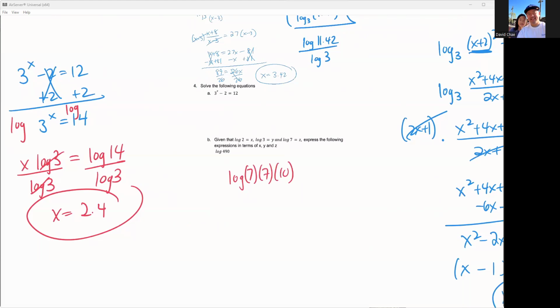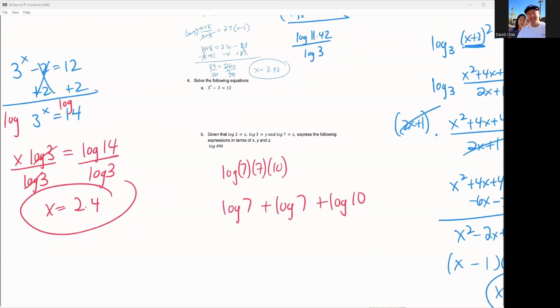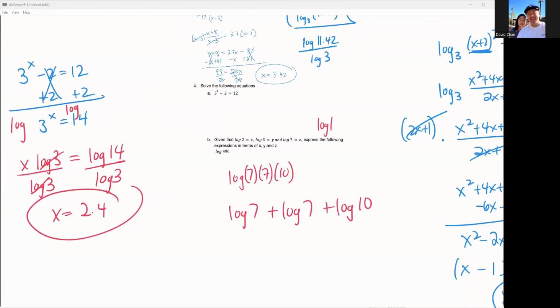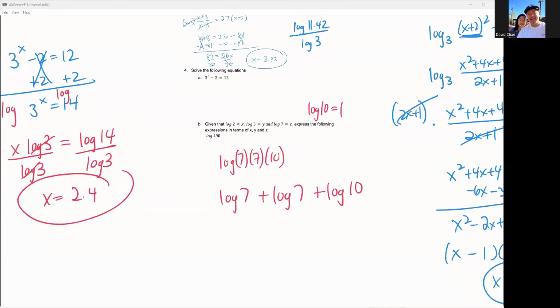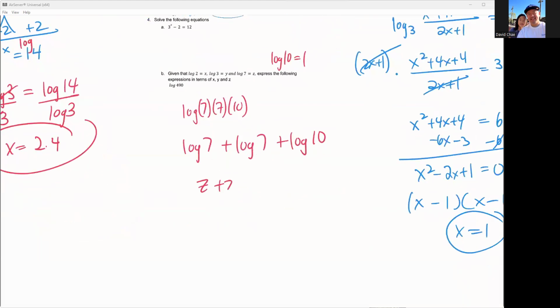Because 7 times 7 times 10 is 490. This ends up being log 7 plus log 7 plus log 10. How'd you get log 10? Remember we talked about log 10 equaling 1. So this ends up being z plus z plus 1, which is 2z plus 1.